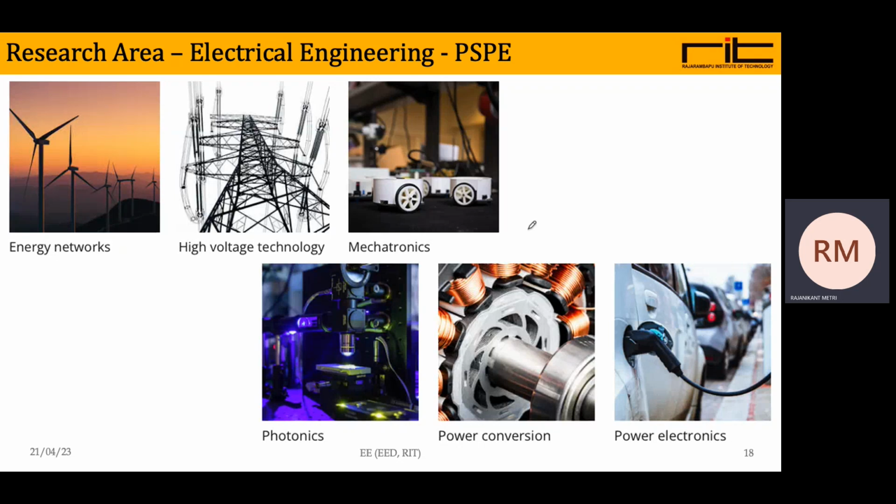Similarly, in electrical engineering, particularly energy networks: how these networks operate, and how we can improve them or make the system efficient, is one area. Similarly, high voltage technologies is another area. It may be in terms of AC voltage or DC voltage, and how to convert and transmit it over long lines, and what can be incorporated.